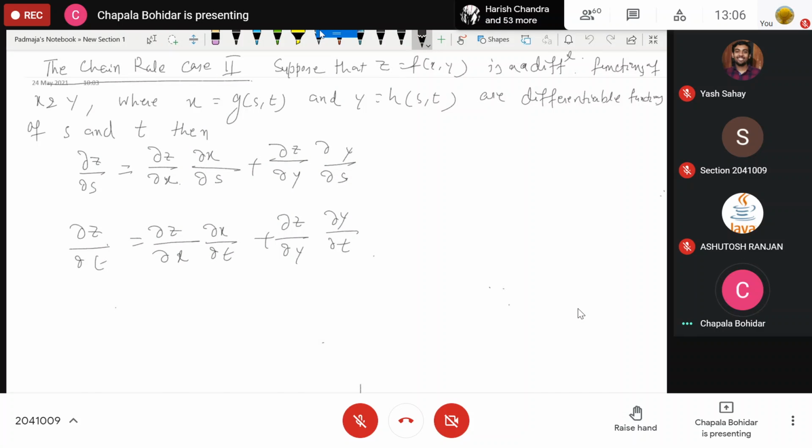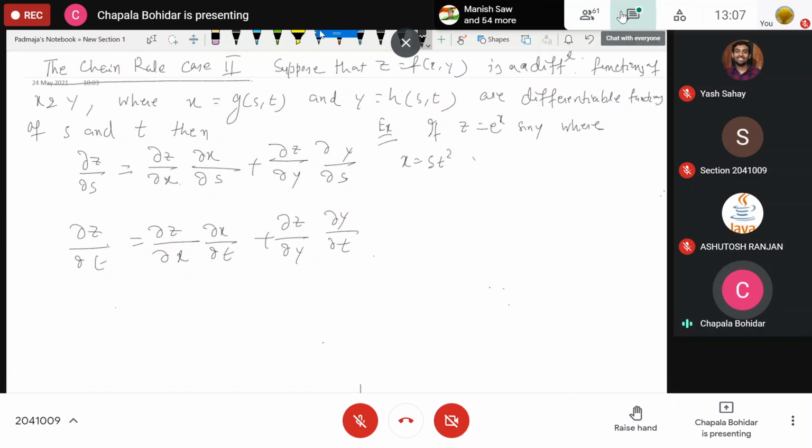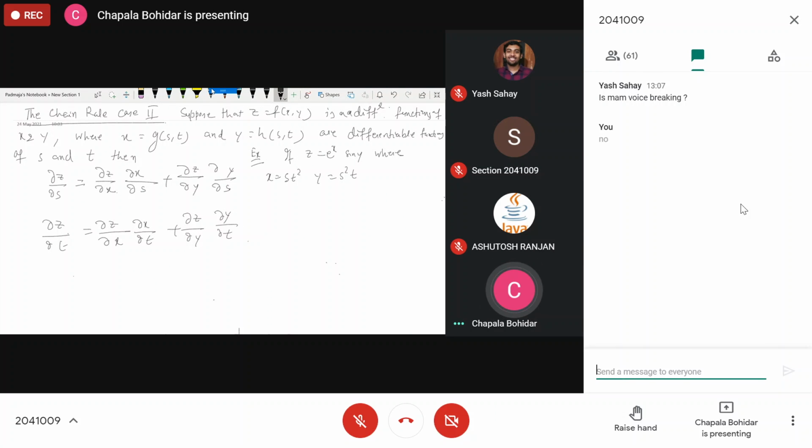So now an example. If z is equal to e to the power x sin y, where z is a function of x and y, where x is equal to s t square, y is equal to s square t, x and y both are functions of s and t.